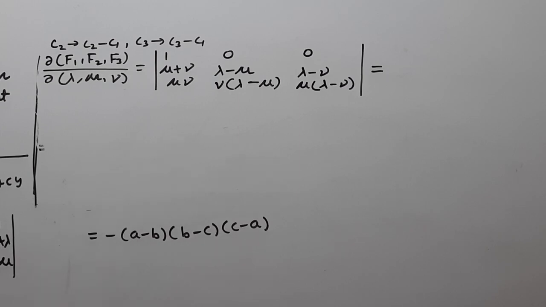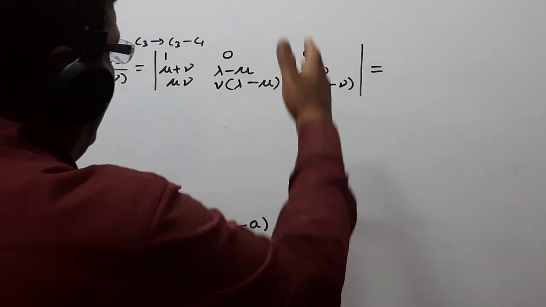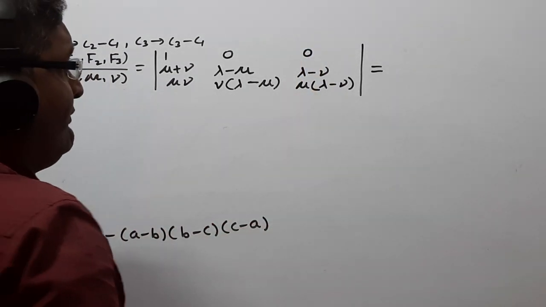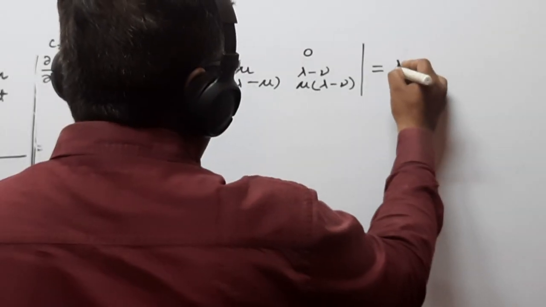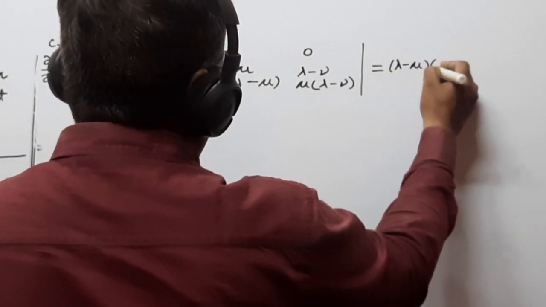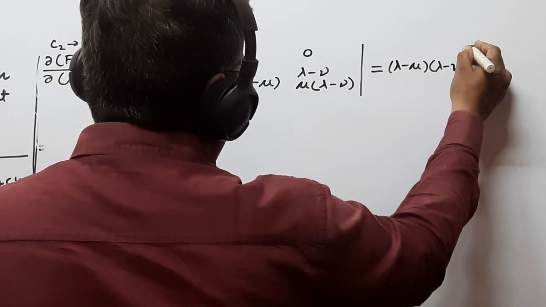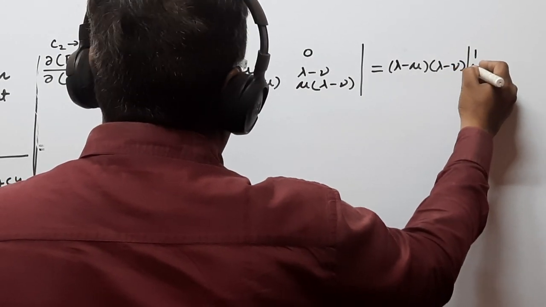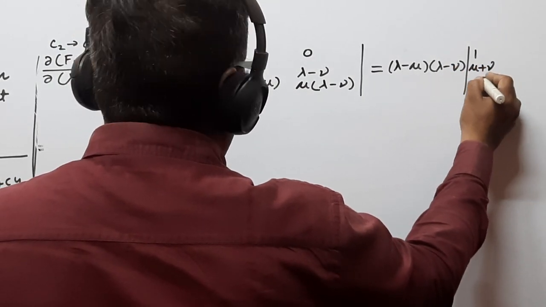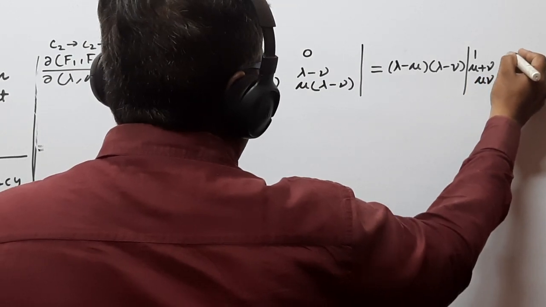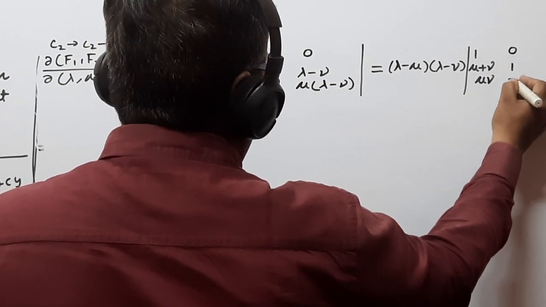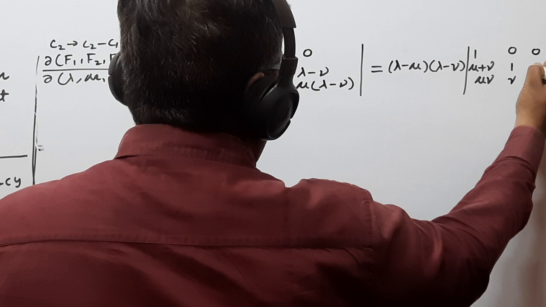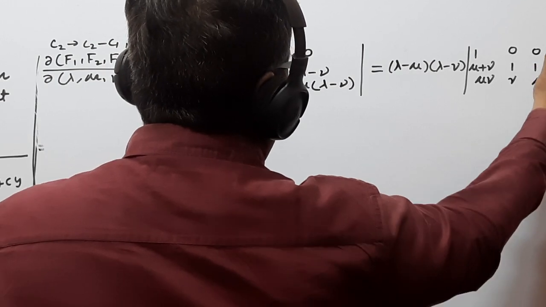Now you can see here lambda minus mu is common from the second column and lambda minus mu is common from the third column. So there will be lambda minus mu, and 1, mu plus nu, 0, 1, mu and 0, 1, mu.